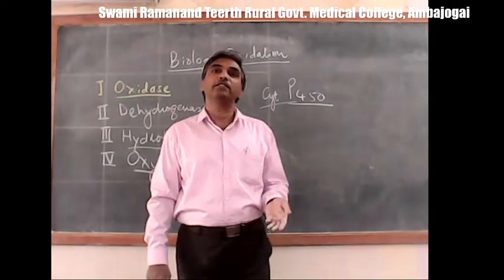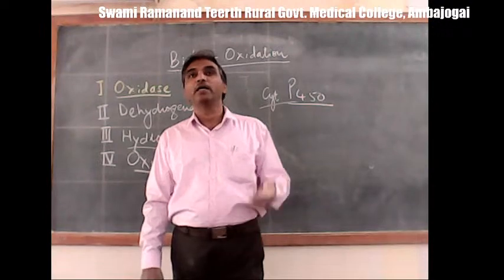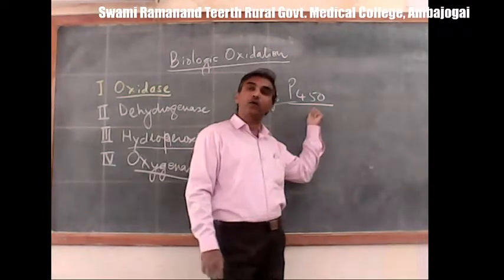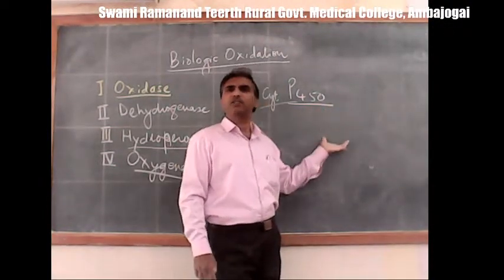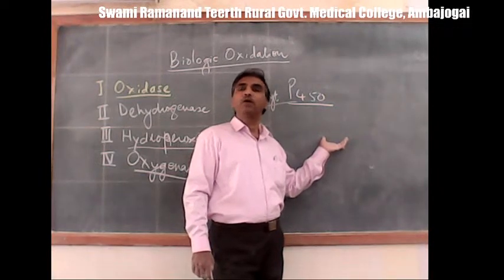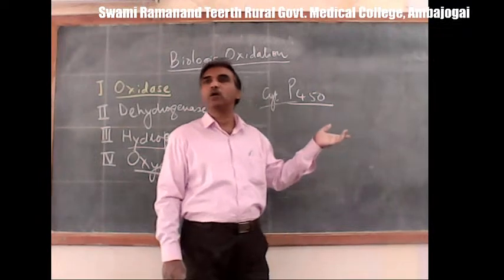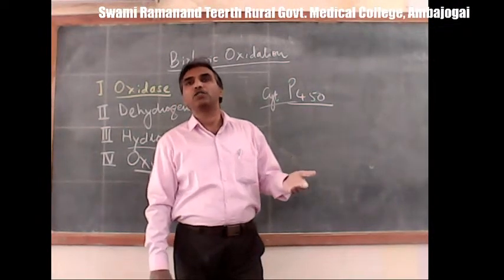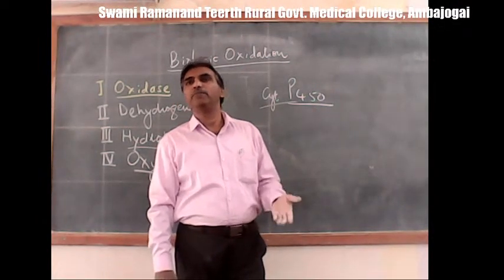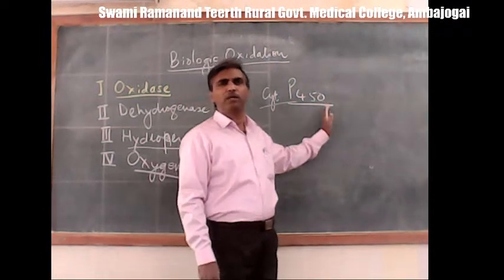There are three classes of cytochrome P450: one dependent on NAD, another dependent on FAD, and the last, newly found, that depends on b5. You don't need to remember this.